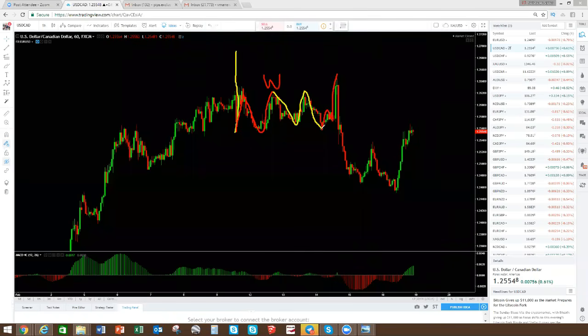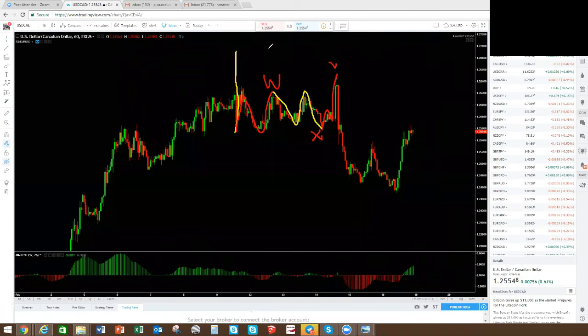You've got W, X, Y. Clear 3 waves, regardless of what was moving the market, whether it was fundamentals or politics or whatever it is. We had an impulse 1, 2, 3, or A, B, C, and after that you're getting this impulsive move down. That's how easy it is. This was almost textbook.